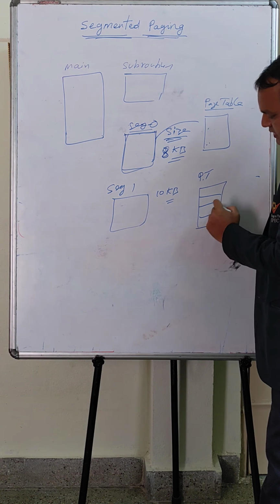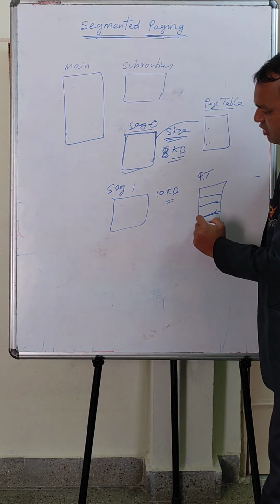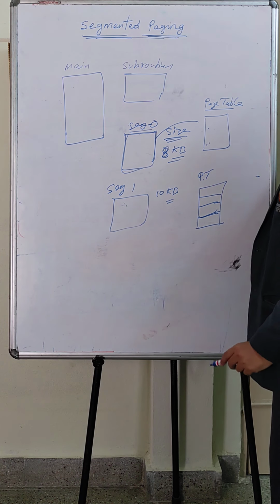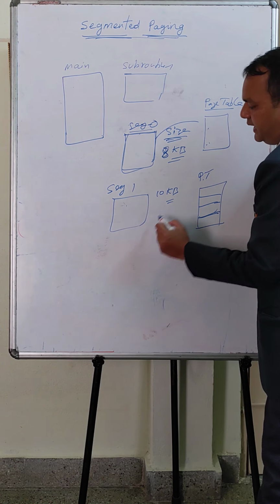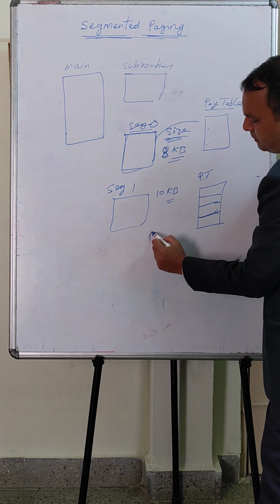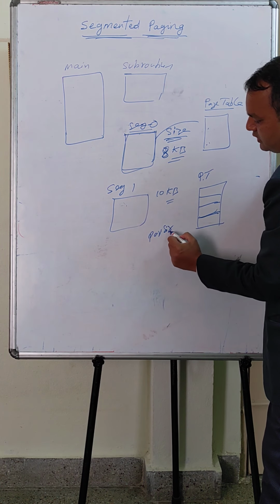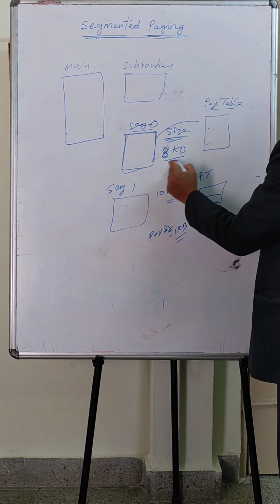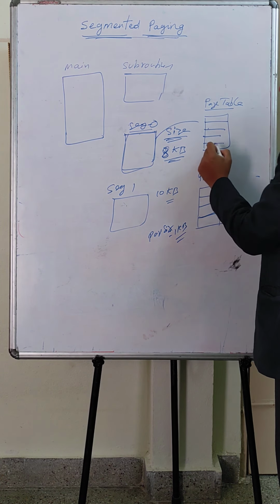This page table has entries for the number of pages the segment is divided into. For example, if the page size is 1 KB, then 8 pages are stored.